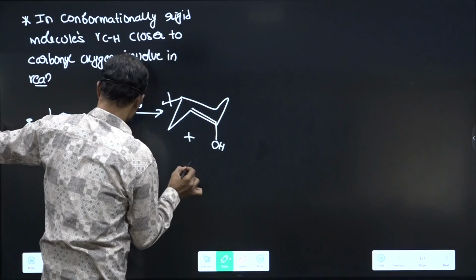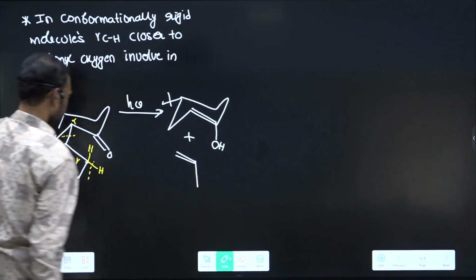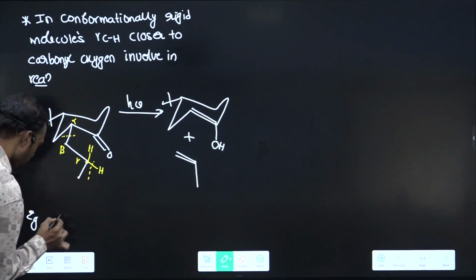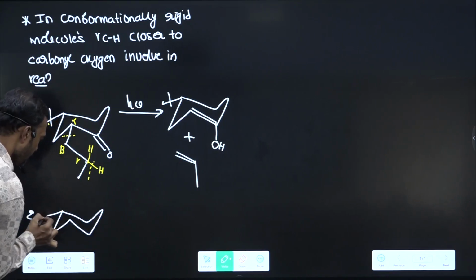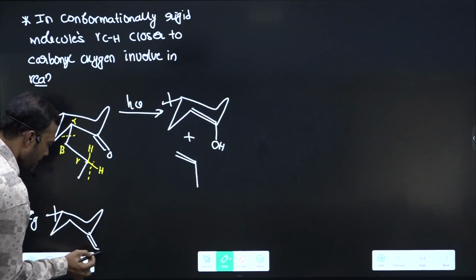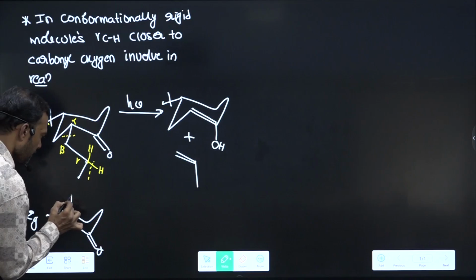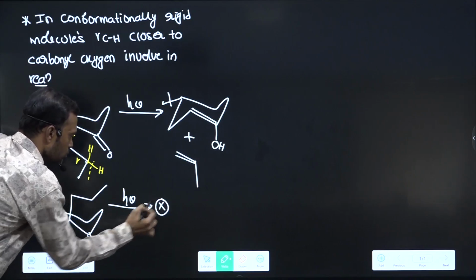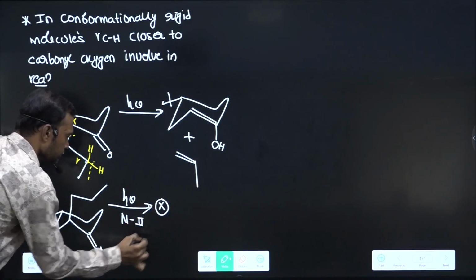So you need to write separately, beta, gamma, double bond. So here Norrish type 2 does not exist.